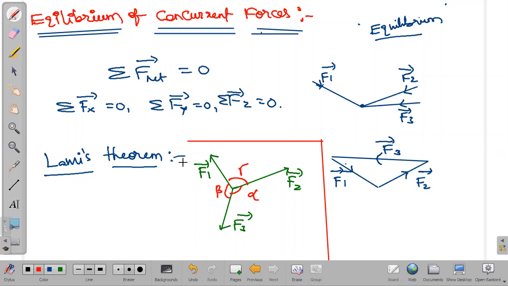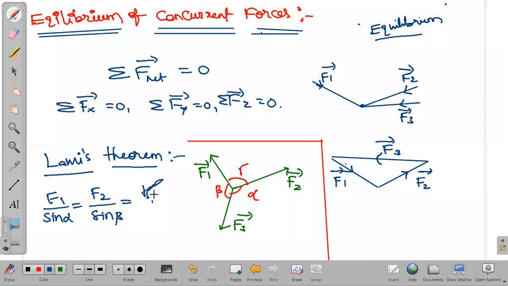And Lami's theorem gives us one relation, which we will follow when solving problems related to concurrent forces or in the concurrent forces experiment. The relation given by Lami: F1 divided by the sine of its opposite angle, alpha, is equal to F2 by sine of beta, is equal to F3 by sine of gamma.